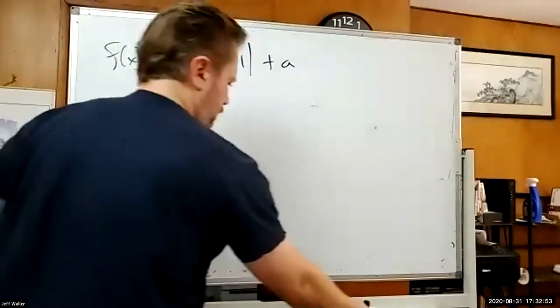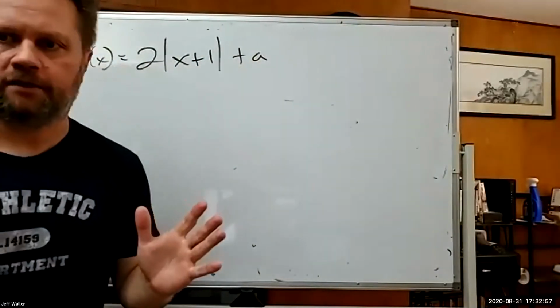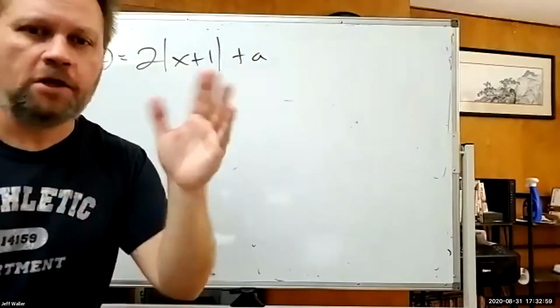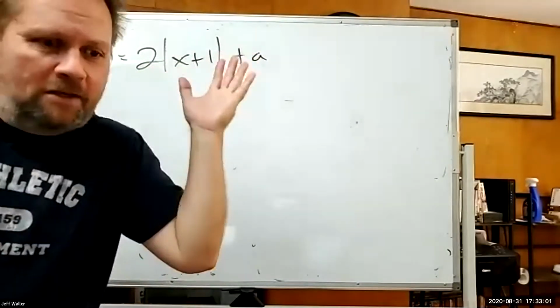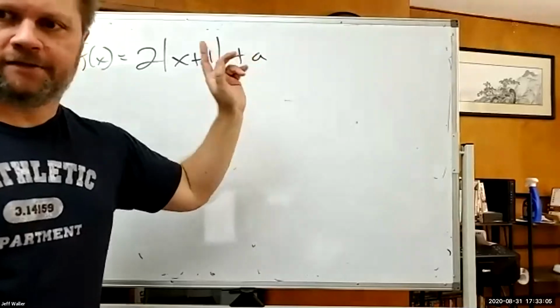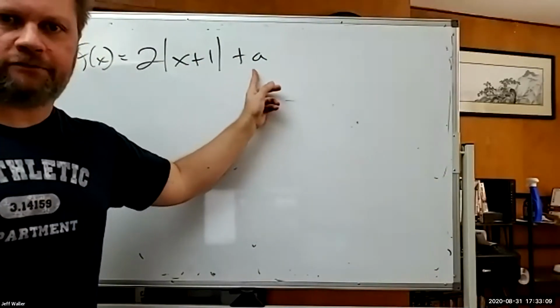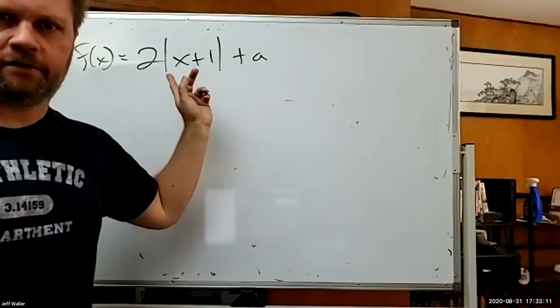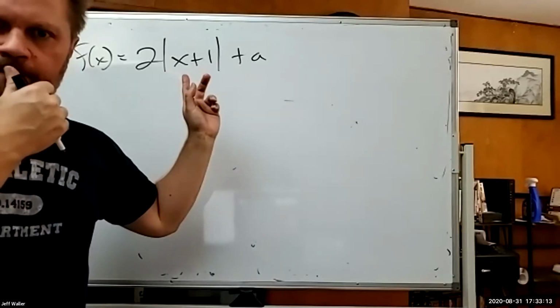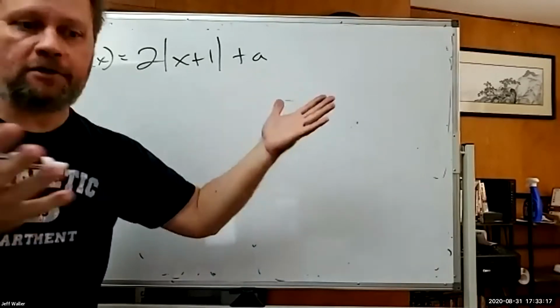What's the control they give us? A. A. That's all I can change, right? Don't tell me that x could be numbers. Right. The x can be all the numbers. I can't affect that. All I have control over is what A is. What kind of shift would this represent for this function? That's an upshift. Or down if A is negative.